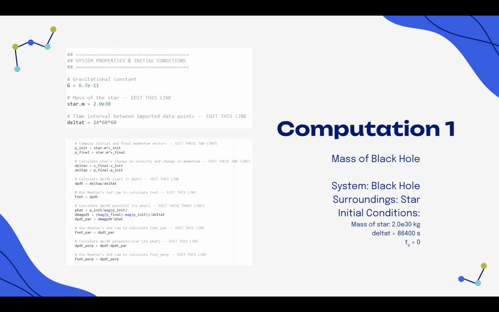So for part 1, the system was the black hole, the surroundings was the stars, and for the initial conditions, I found the initial and final momentum vectors of the stars, and I also made delta t the number of seconds in a day.